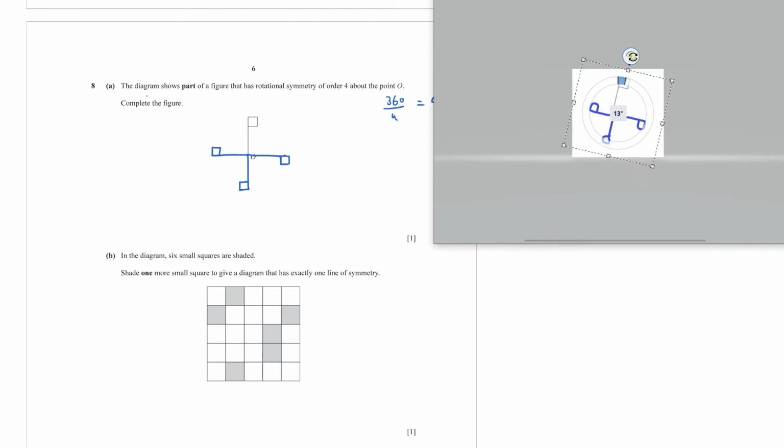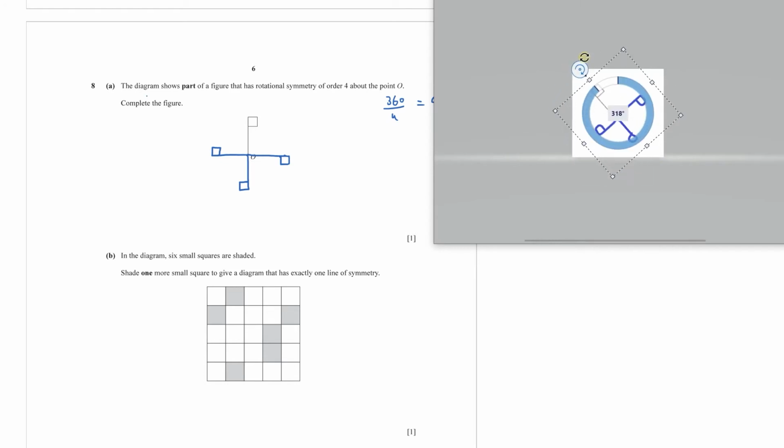So now if I rotate it 90 degrees, the shape is exactly the same as this after I've completed it. So it has rotational symmetry of order 4 because every 90 degrees it looks exactly like the original figure. So another 90 degrees, again it looks the same. You have 4 flags, pointing right, down, left, and then up here.